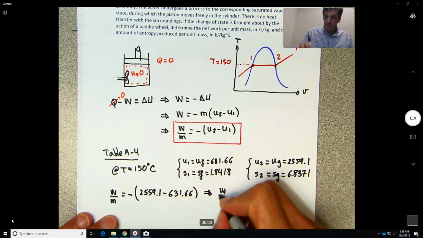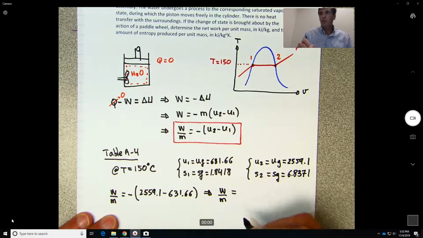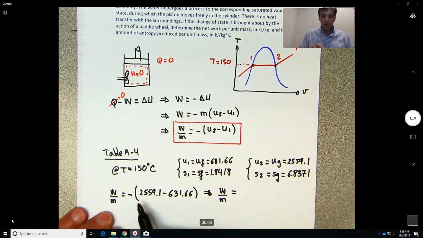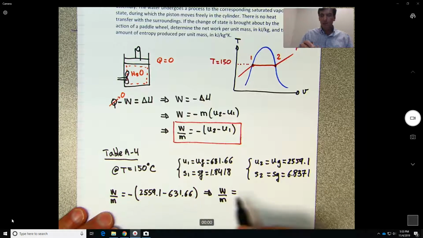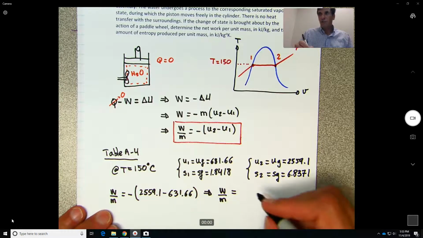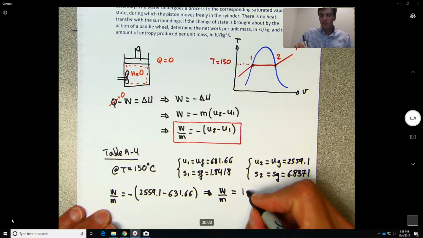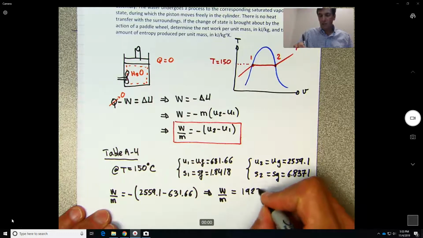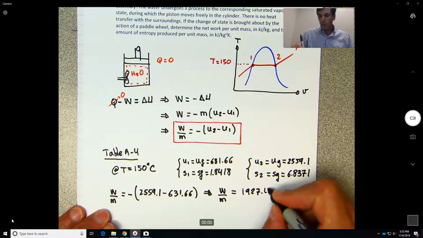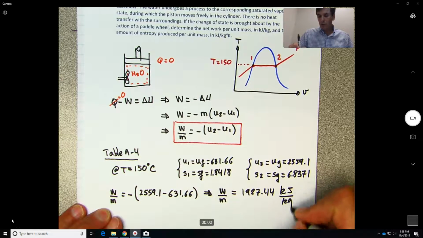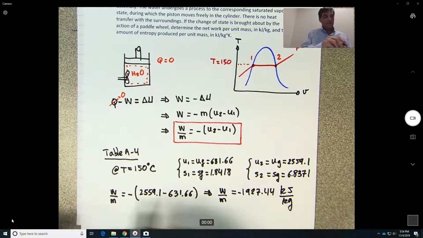So this gives us that the work done will be equal to, so this will give you what? A positive value, and this will give a negative value, to 1,927.44 kilojoules per kilogram, and this value is negative.